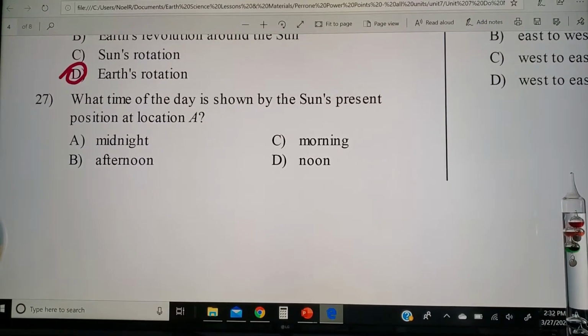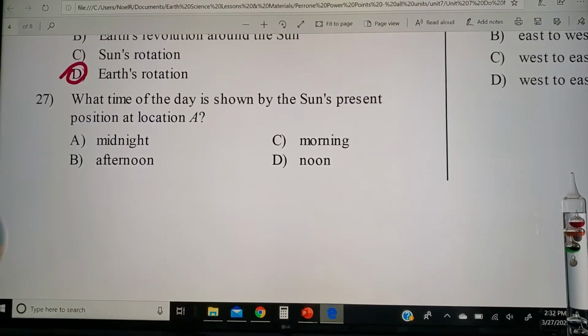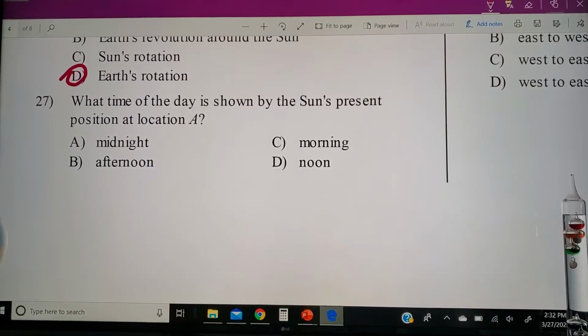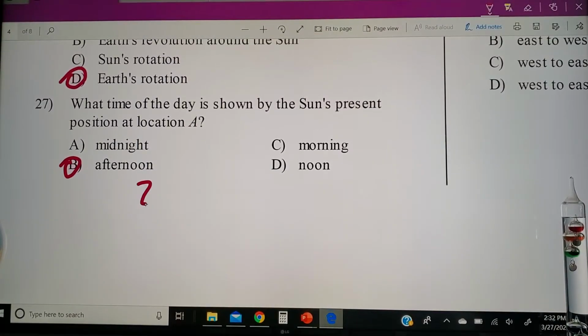So we said 3 p.m., so we have to go with afternoon here, and just write in there approximately 3 p.m.